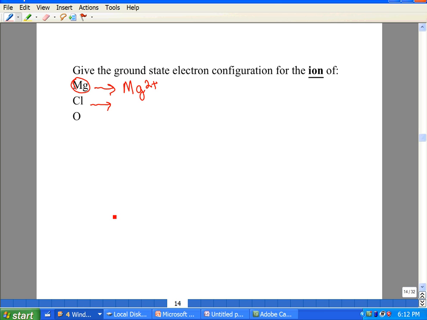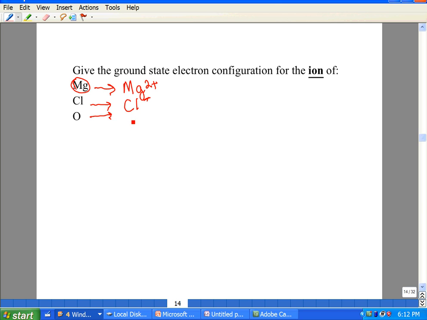Chlorine, on the other hand, is in group 7 on the periodic table. It lacks 1 electron to look like a noble gas. So what it would more than anything like to do is gain an electron to look like a noble gas. It wants to gain 1 electron. So you subtract 8 from its group number, which is 7, and you get a negative 1.